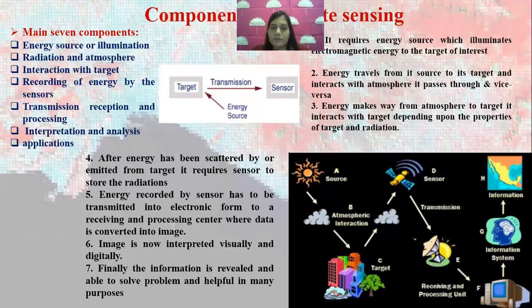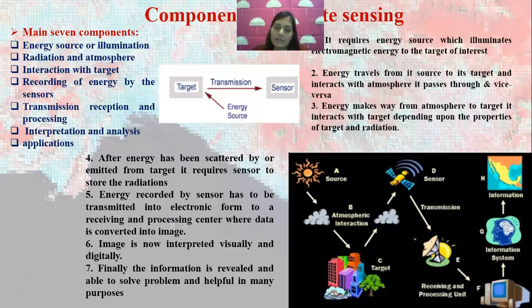Now, firstly, energy source or illumination. It requires an energy source which illuminates electromagnetic energy to the target of interest, right? It will send some electromagnetic energy to the target. Now, energy travels from its source to its target and interacts with whom? The atmosphere, and vice versa, right?